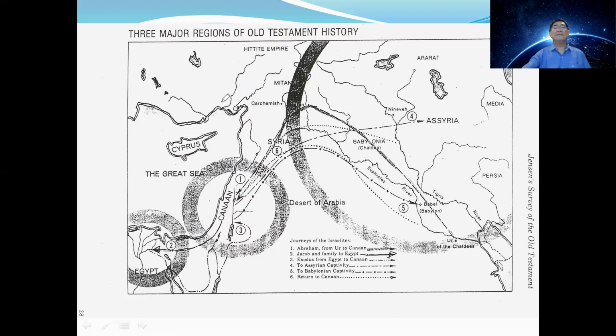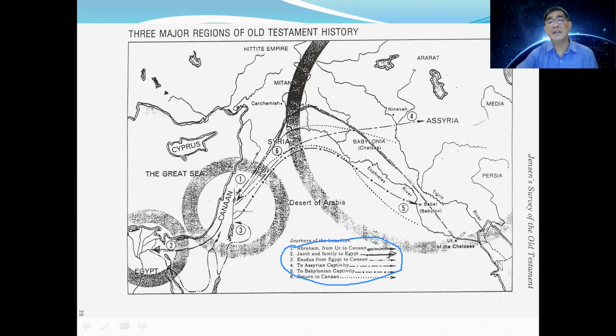Okay, so remember, let me just draw for you the movement of the Bible. You can see 1, 2, 3, 4, 5. Number 1 here: Abraham from Ur of the Chaldees.